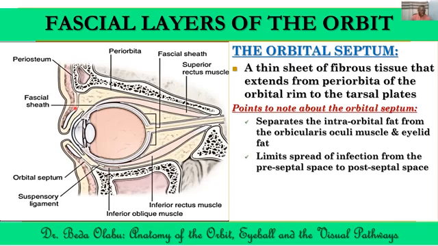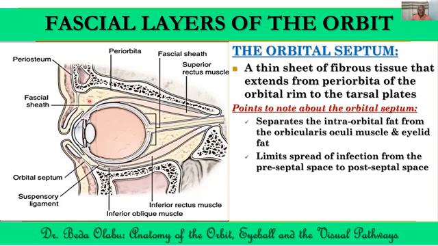Because of this separation, we note that the orbital septum is clinically important. It helps in limiting spread of infections between the two spaces, and you are more worried about infection coming from outside going into the orbit. So we call this the preseptal space, and we call this the postseptal space.